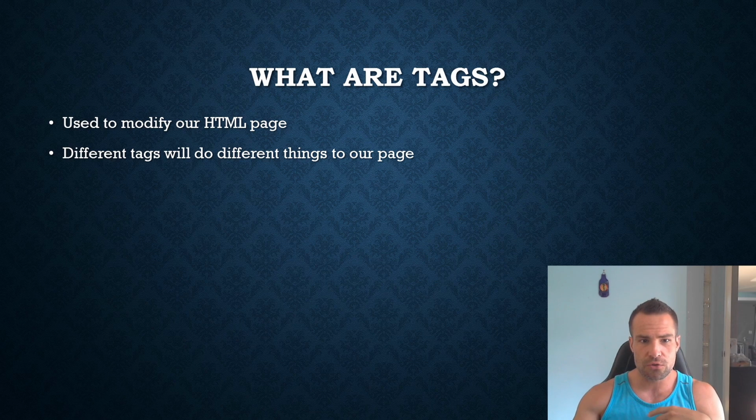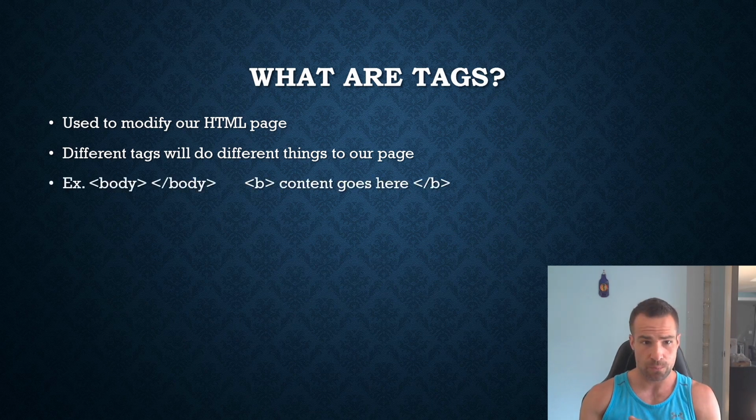But I want you to understand this concept of a tag. How do I insert it into my page, and what does it do? And here are two examples. In this first example, you can see the body tag is being opened and closed. That's what that's called.